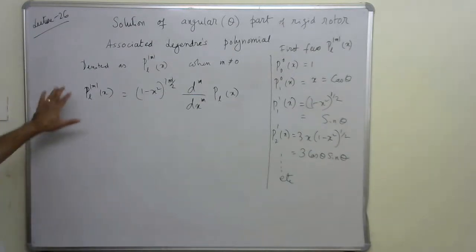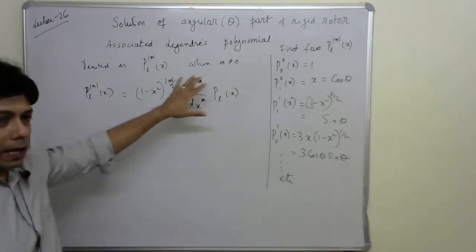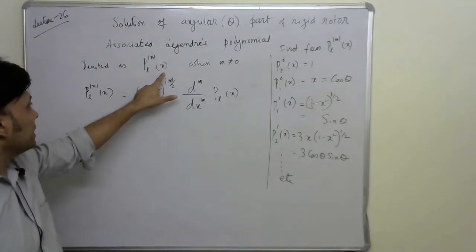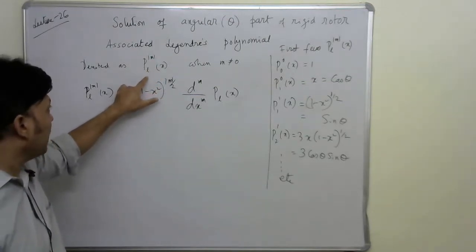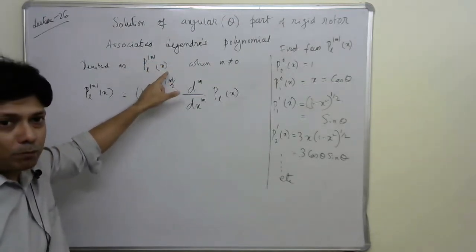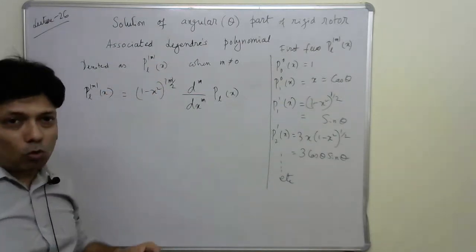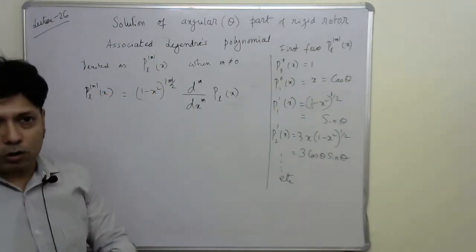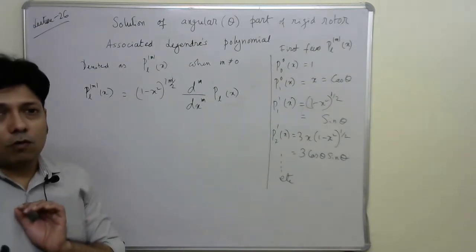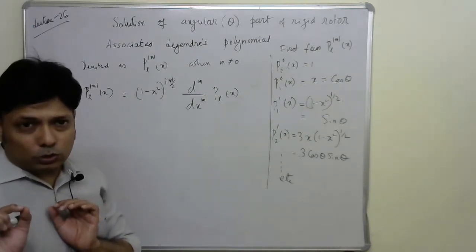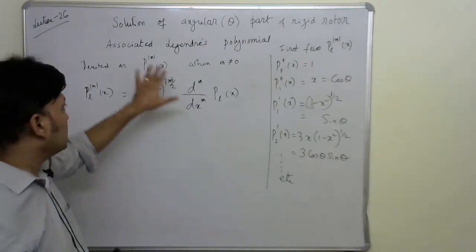Okay, so for m not equal to 0, the associated Legendre's polynomial is expressed like this: P subscript l, superscript modulus m, function of x. Here the modulus m means only the magnitude of m is important, not the sign. So whenever m is plus or minus 1, we only take the value 1.